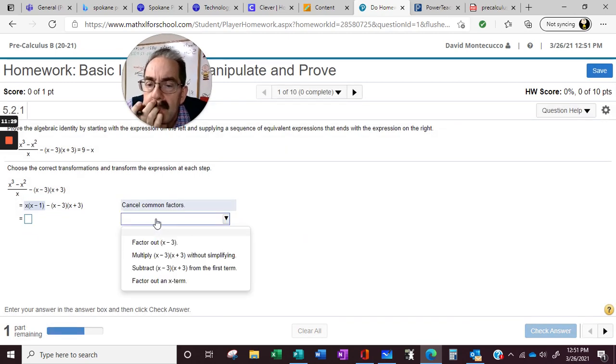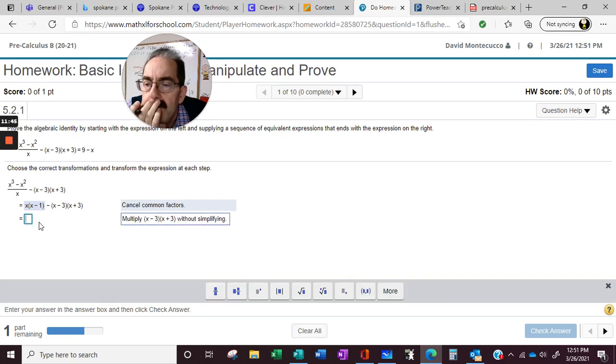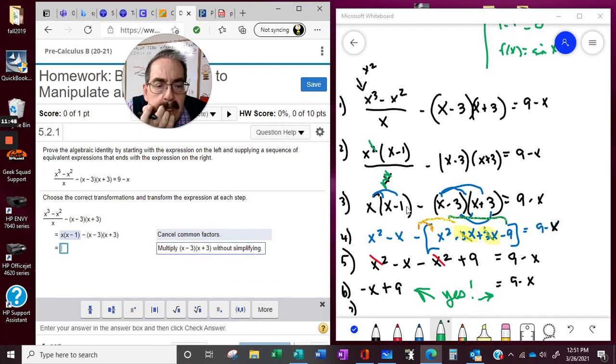Multiply, and when we multiplied all this without simplifying, minus x squared plus 9.